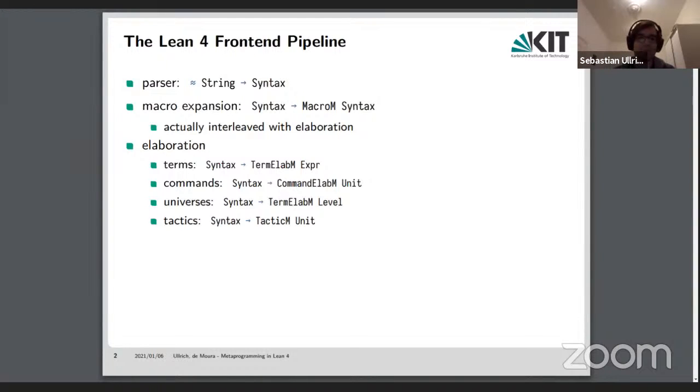Elaboration is basically the last step that takes a syntax tree and creates something the kernel understands. For terms, that is the Expr basic data type that I think Leo will describe in more detail later. And there's another monad involved that gives you some more context, some state to work with.